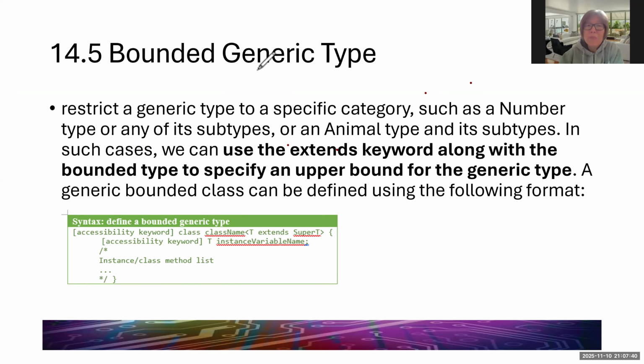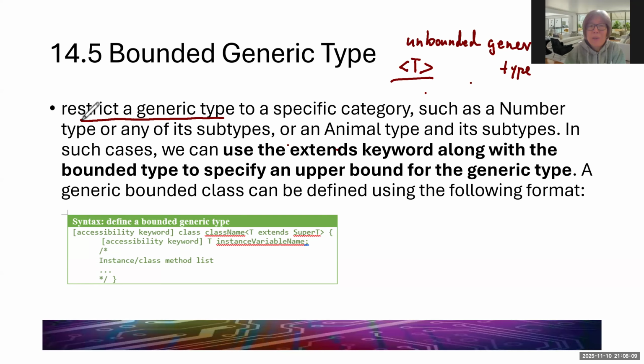Okay, for what was previously discussed, just angle brackets and this T, this kind of generic type is unbounded. Unbounded generic type. So you just plug in some type argument. We can also restrict a generic type to some specific category. That's also allowed, because a class can have subclasses, is it?